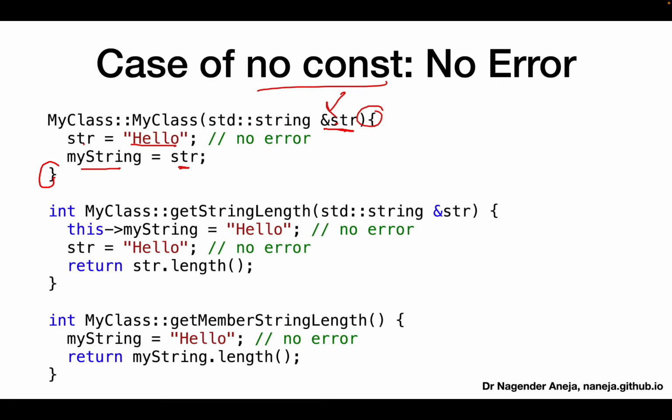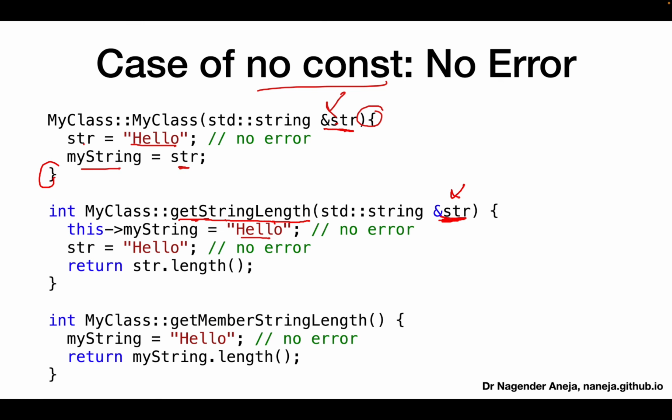That's one thing. Then we have a second function, which is get string length. It also receives a string, but this string is replaced with the hello. The role of this function, get string length, was not to touch the member variable, because its role is to return the length of the string.